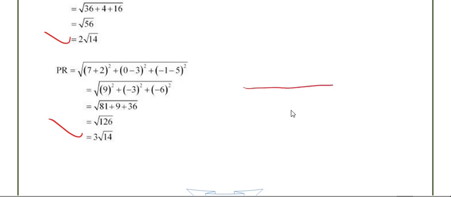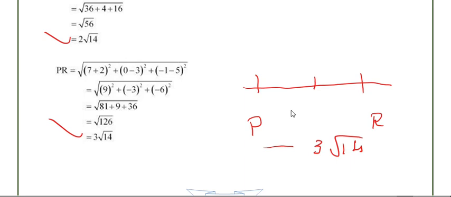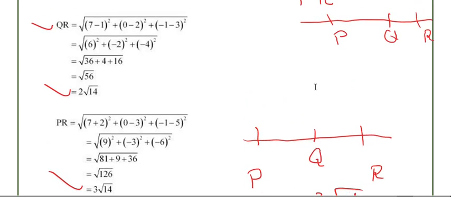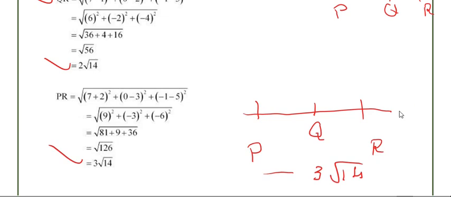So immediately you will understand, okay, sir, the highest distance is PR, and this distance is 3 under root 14. So Q must be lying somewhere over here. The distance between QR is 2 under root 14, and this distance is under root 14.